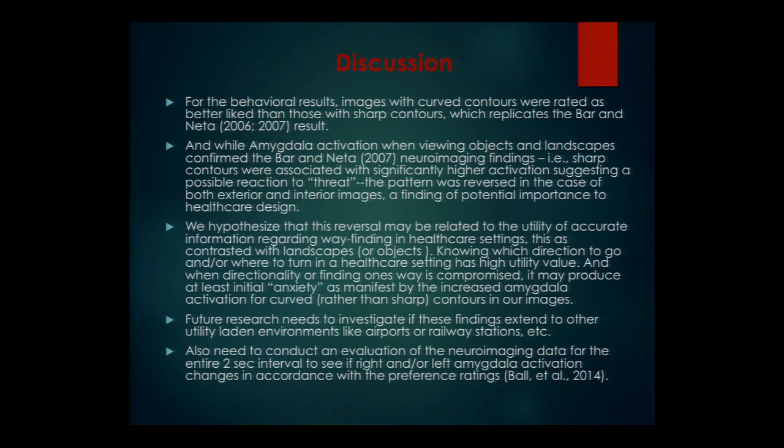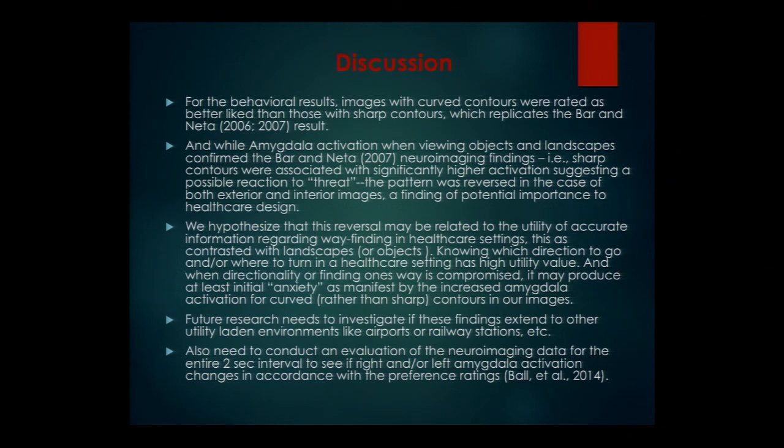Notice it goes away within 2 seconds, basically saying, I was anxious about it, I'm not sure I could find my way, but I finally did and it's okay. But there's an initial stage of processing in the brain which says anxiety provoking because of the ambiguity of the directional information in a healthcare setting.